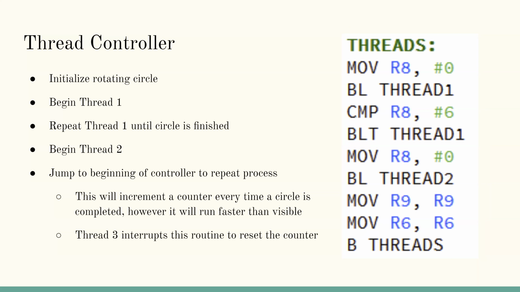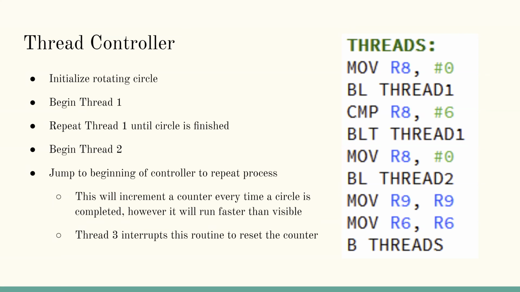We want to make sure that if you look at the 7-segment display, the top is 0. The 2 lights on the right are 1 and 2. Bottom is 3, 4, 5. And then the middle one is 6. We want to make sure that it completes the whole circle without going to the middle. So that's why we want to compare if R8 has reached 6. And we'll continue going.